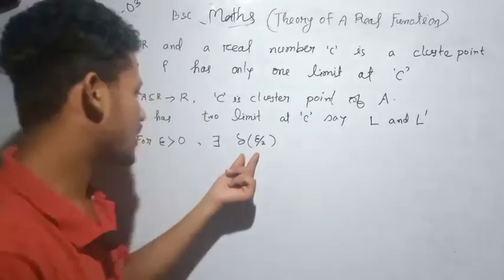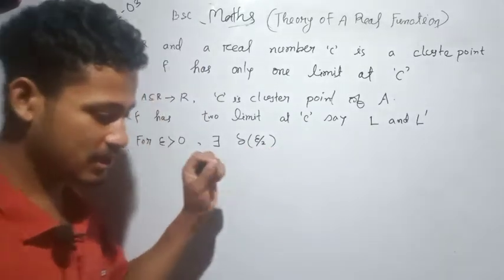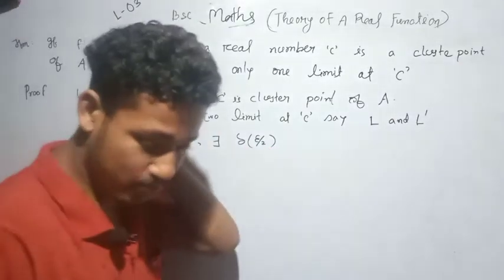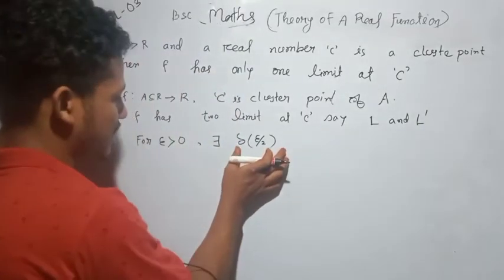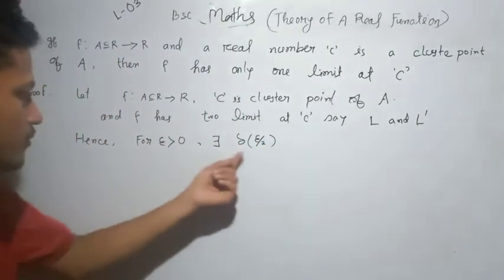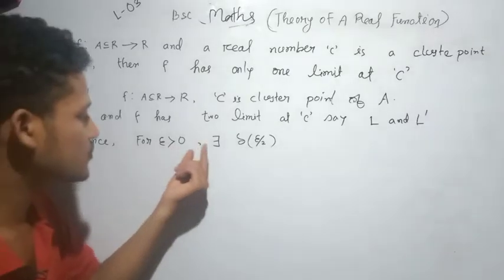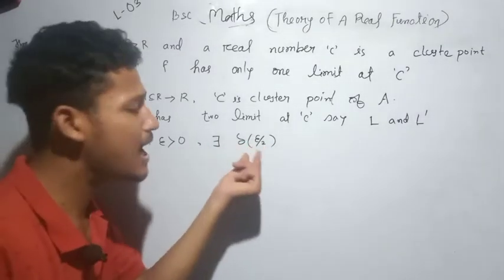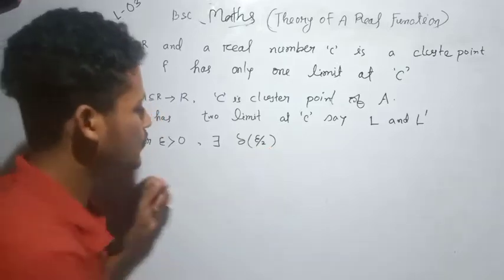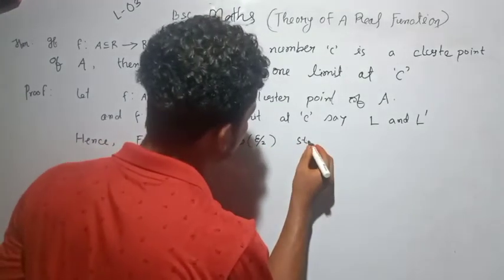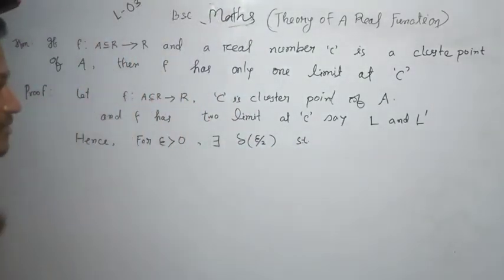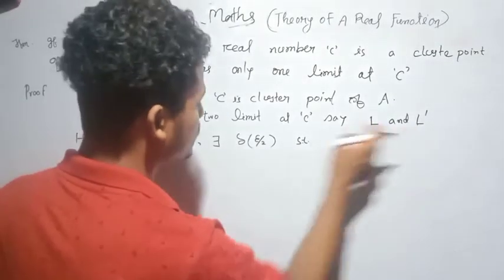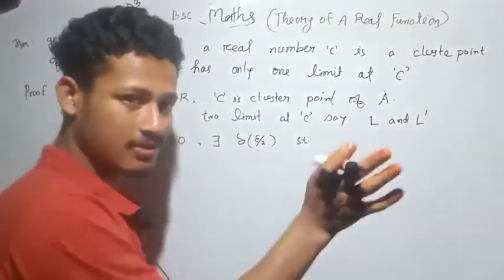This is a construction. You will come to know why we have constructed it like this. For any epsilon greater than 0, there exists delta of epsilon by 2, with delta depending on epsilon by 2, such that, because there are two limits, we have divided epsilon by 2.